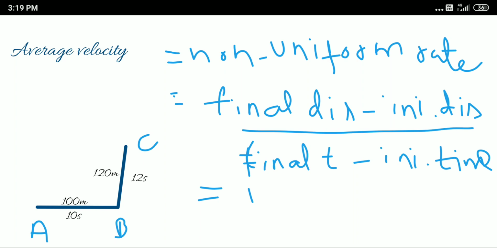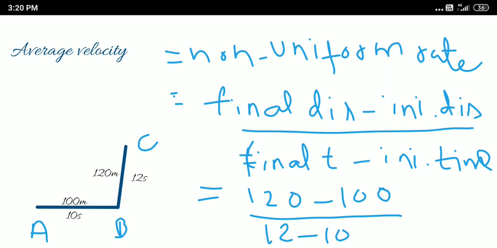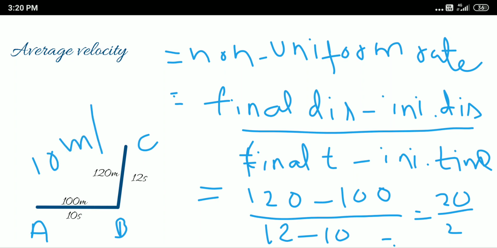That means what is the final displacement? 120 meters. What is the initial displacement? 100 meters, by what is final time, 12 seconds, minus 10 seconds. That is 20 by 2, or we can write 10 meter per second. What is the average velocity? 10 meter per second. Okay.